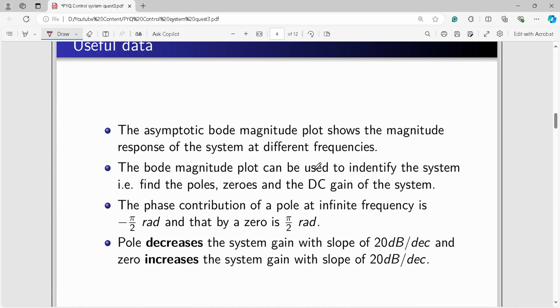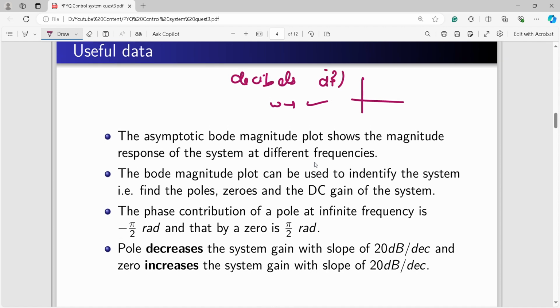First, the asymptotic Bode magnitude plot shows the magnitude response of the system at different frequencies. Once we vary the frequency, we take the magnitude and plot the graph, and the unit is decibels, in dB.